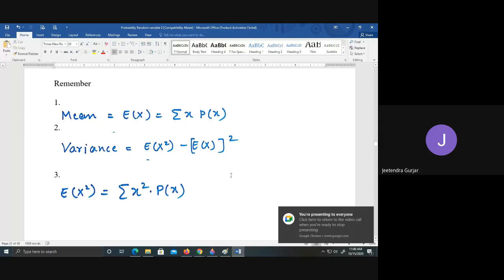So just revise these formulas once again. Mean is equal to E of x is equal to summation of x into P of x. Kalyani, can you tell me what is x here in this formula?